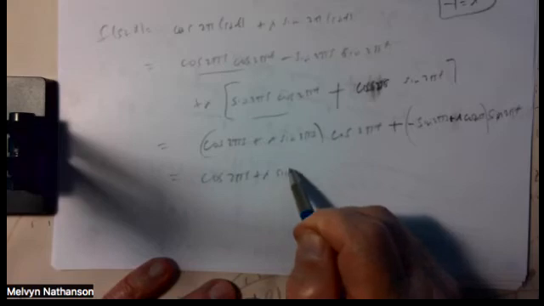Minus 1 is the same as i squared. So I can write this as cosine of 2 pi s plus i sine of 2 pi s times cosine of 2 pi t. And this I can write as i squared, and then I can factor out an i, plus i times cosine 2 pi s plus i sine of 2 pi s times the sine 2 pi t.